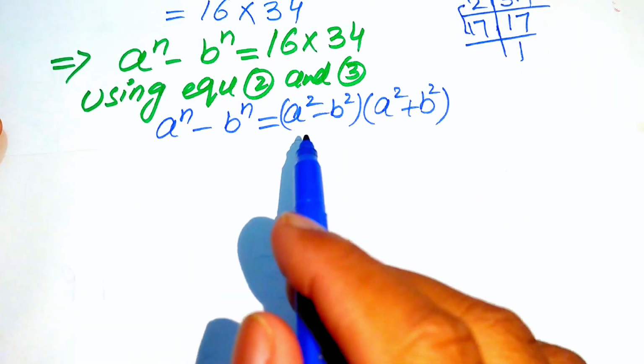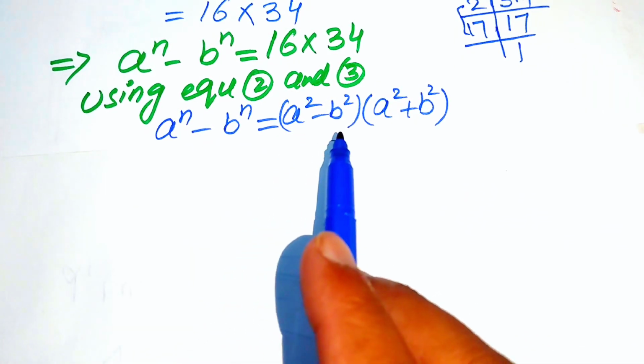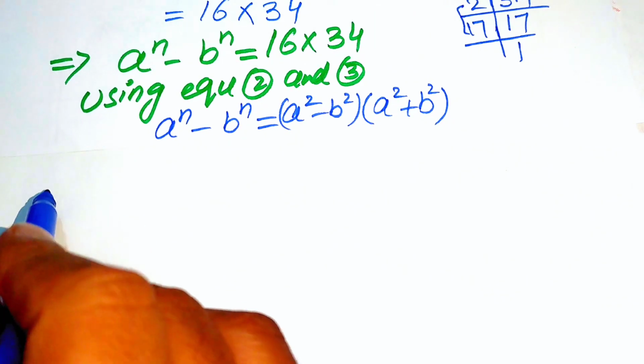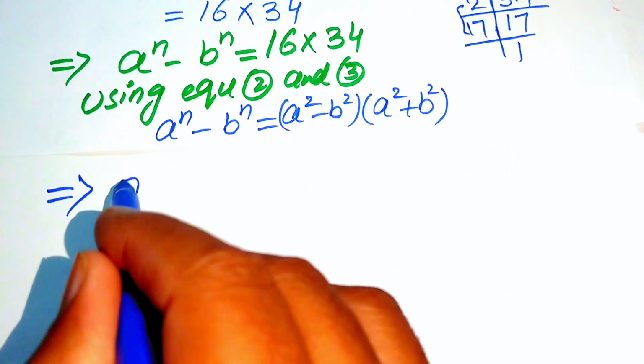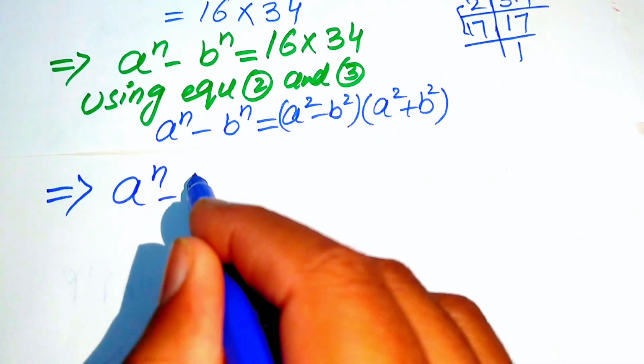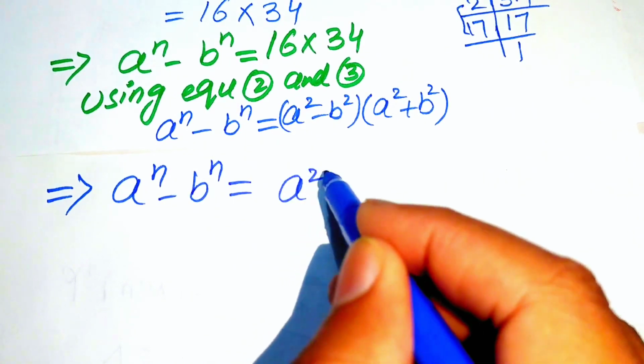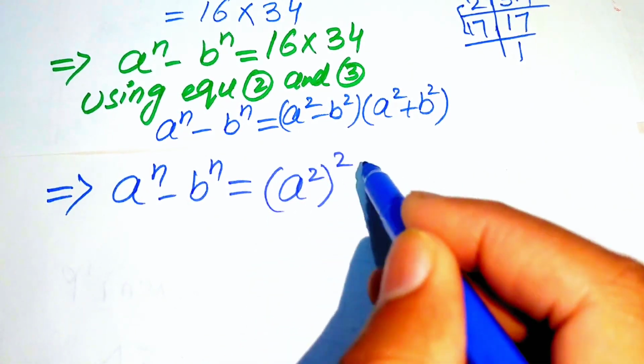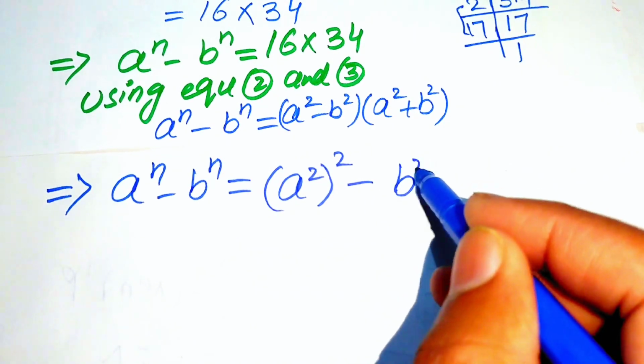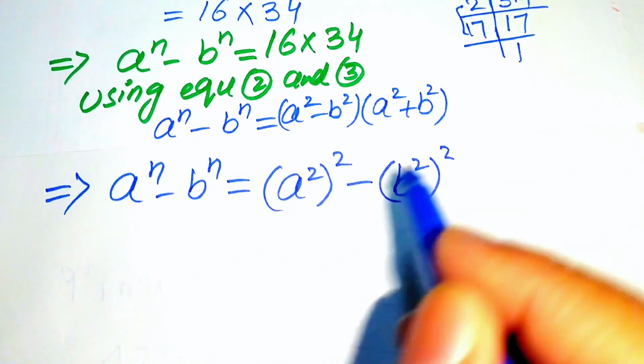Now we focus on the right hand side, and we have a square minus b square times a square plus b square. So this implies that a to the power of n minus b to the power of n equals a square and its whole square minus b square and its whole square.